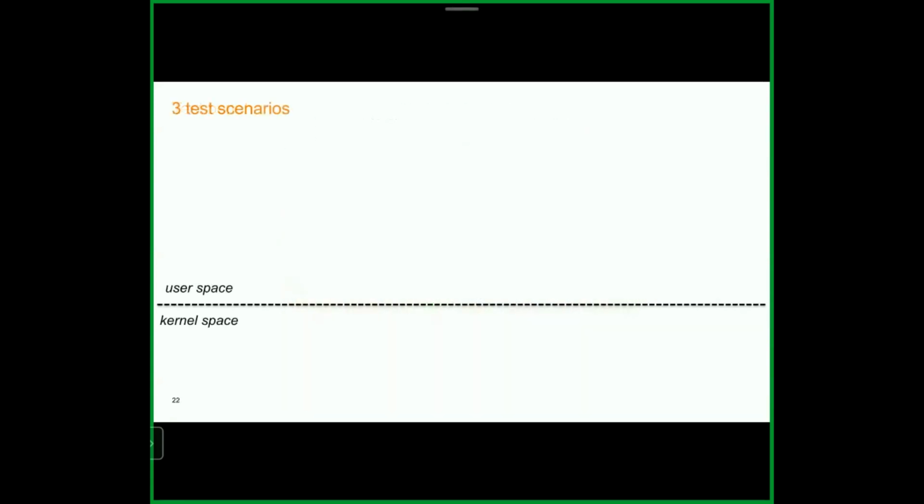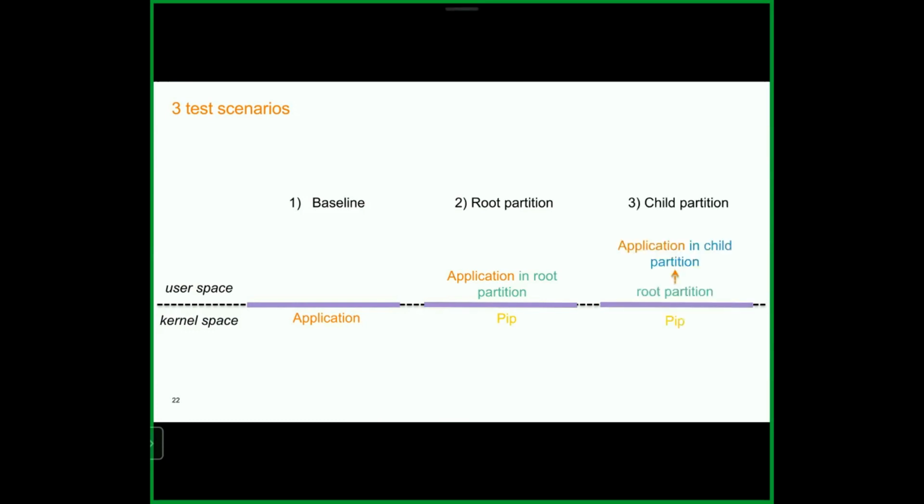And so we have three scenarios. First, the baseline scenario, which is the application that runs in kernel space. That is the most typical scenario in this class of devices. Then the second scenario is that the application runs in the root partition, and as we can see here, Pip is the only one that runs in kernel space.